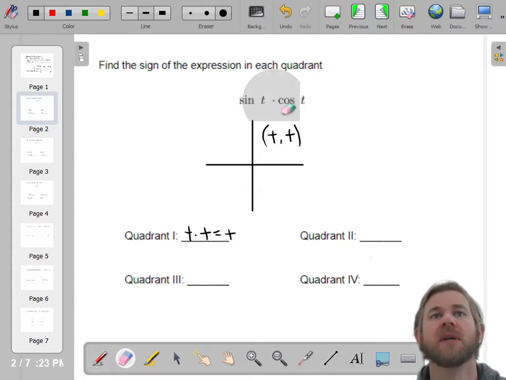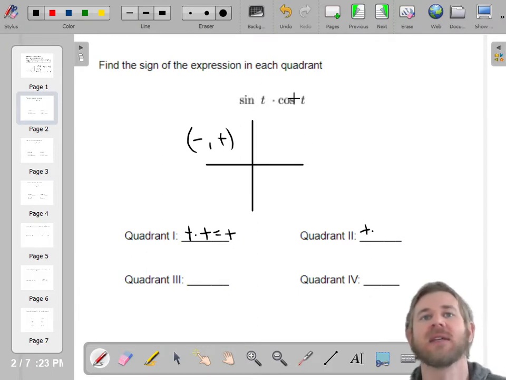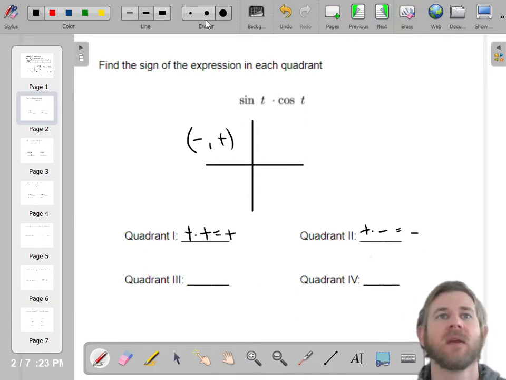Let's do quadrant 2. Quadrant 2 is over here. In the second quadrant, cosine is negative and sine is positive. So we would say the sine is positive and the cosine is negative, and a positive times a negative would give you a negative. Quadrant 3, down here. They're both negative.